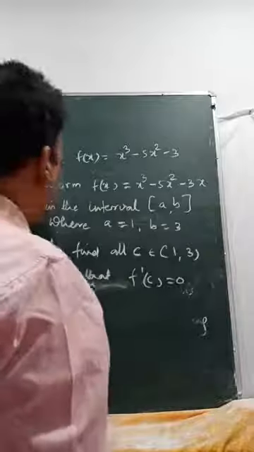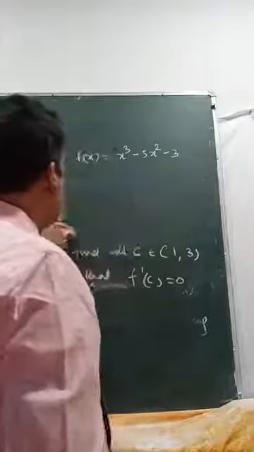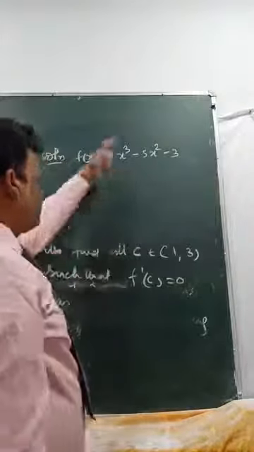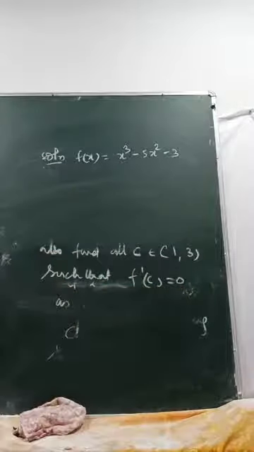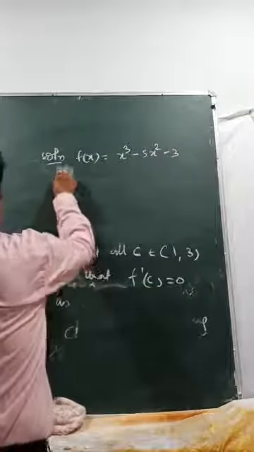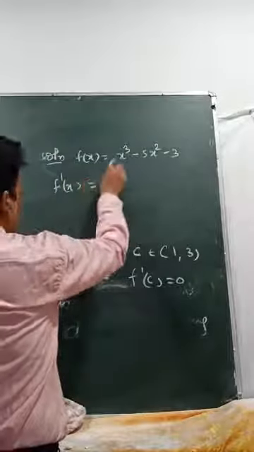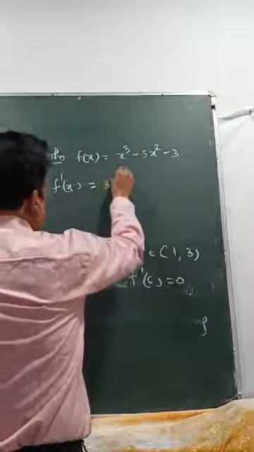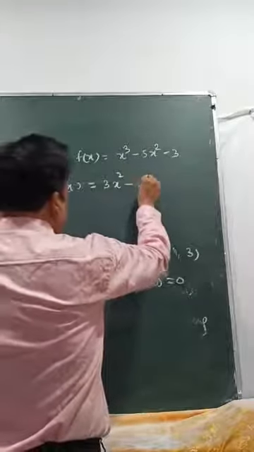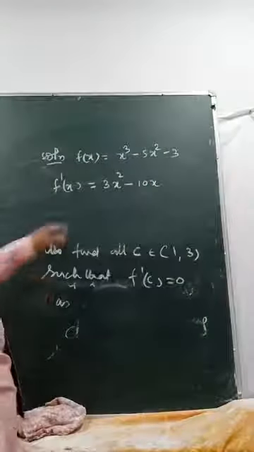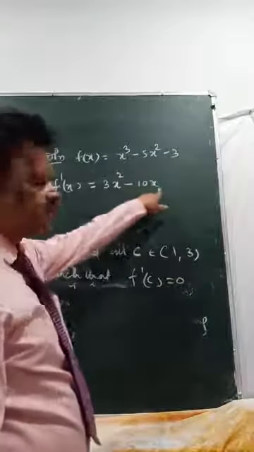Okay. Now, if this is derivable, then this will be continuous. So derivable means find f'(x). How much will you get? 3x square minus 10x.